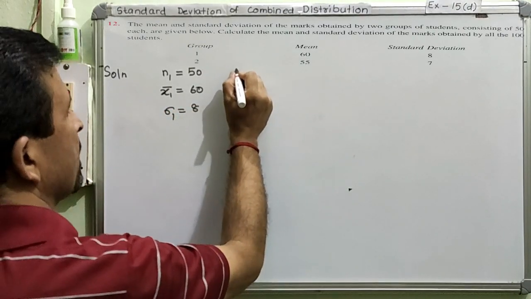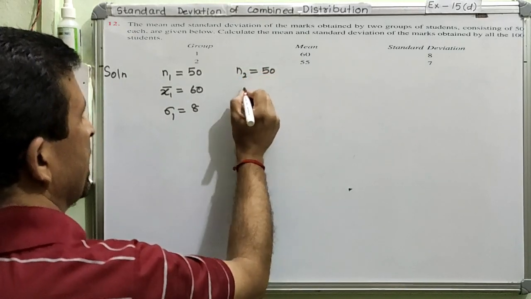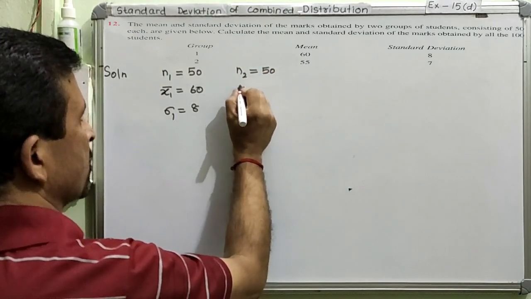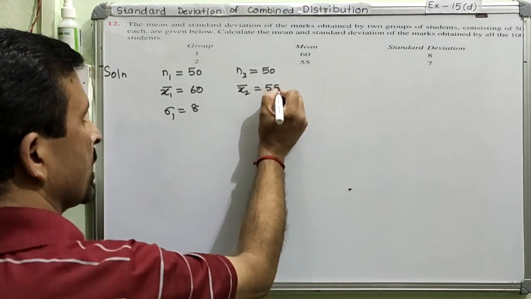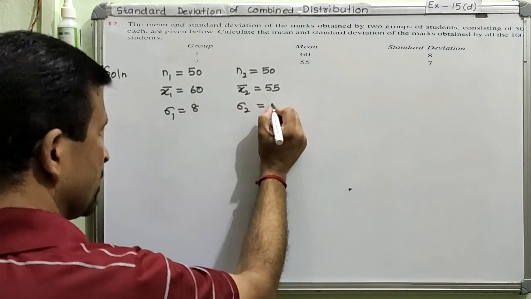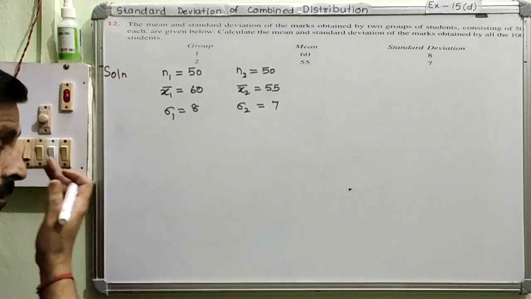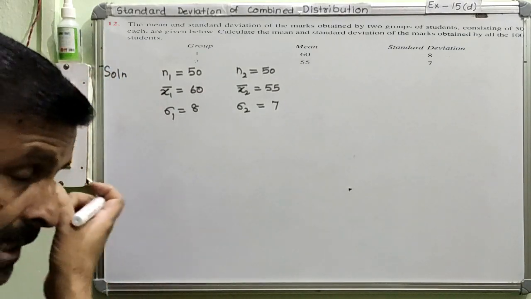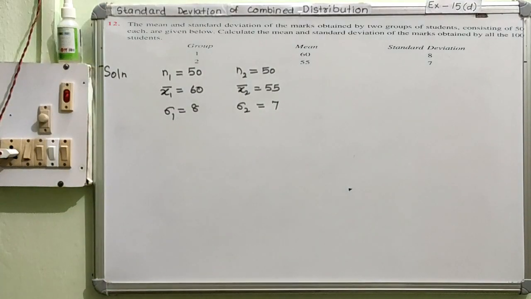Another group, n2, here also the number of students is the same, 50, and the mean of this group is given as 55, and the standard deviation for this group is given as 7, right? So with all this information, we have to find out the mean as well as the standard deviation.